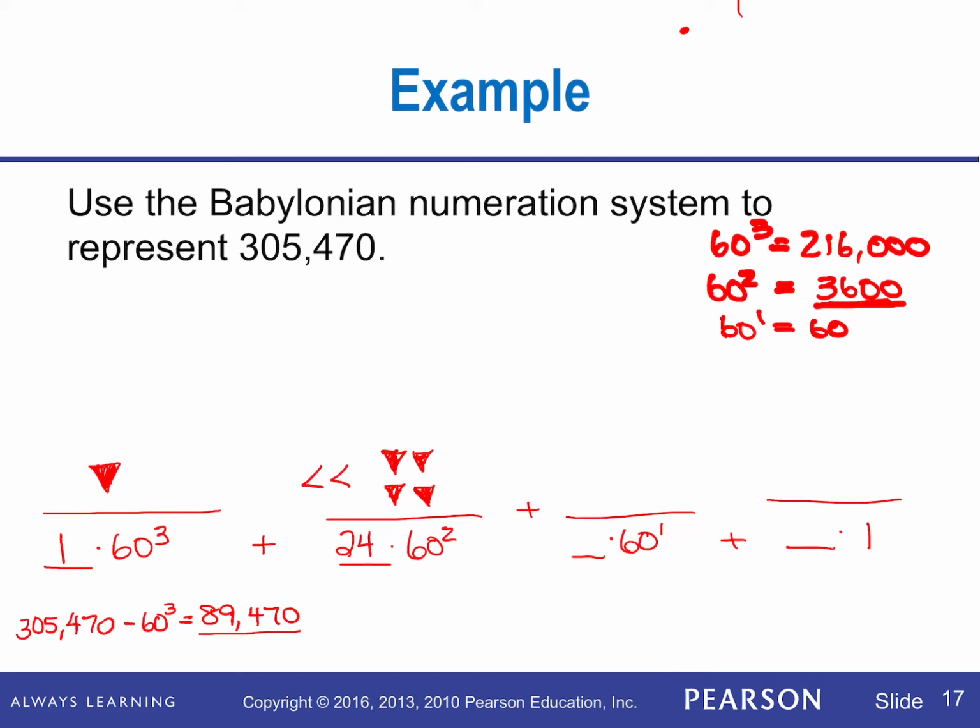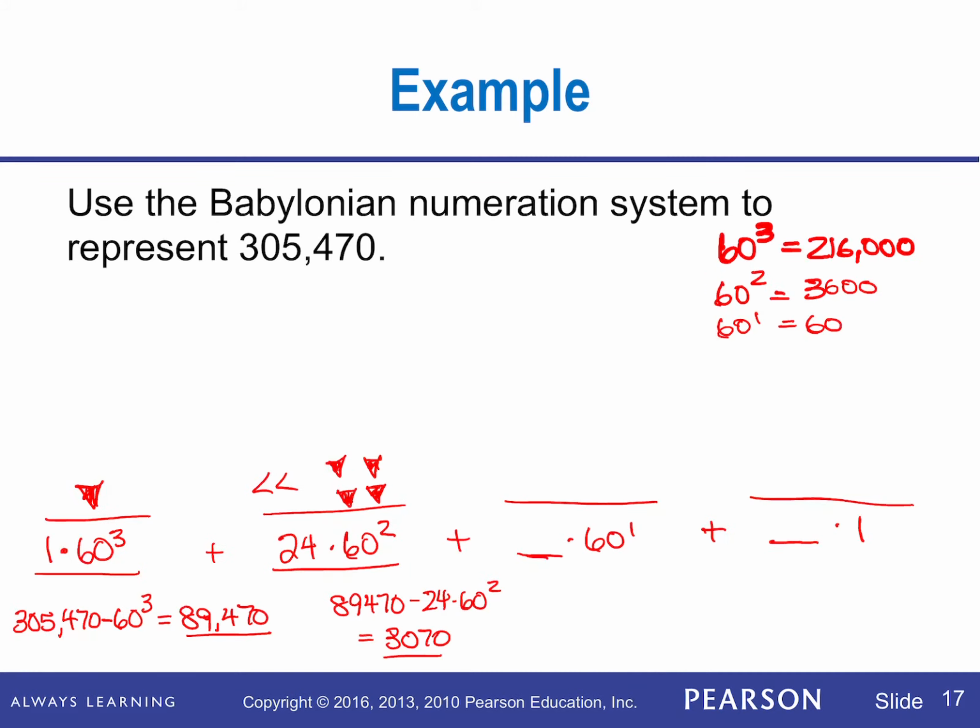Okay, and again, I want to do some scratch work. 89,470 minus 24 times 60 squared. You should do this on your calculator. I got 3,070. So now we're looking at 3,070, and we want to know how many times does 60 to the first go into 3,070.